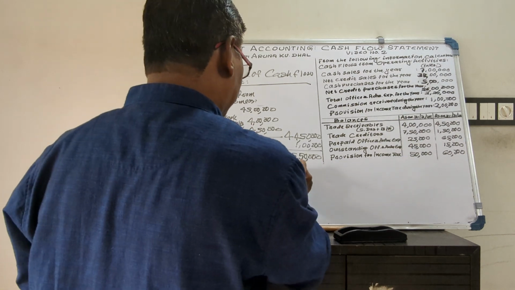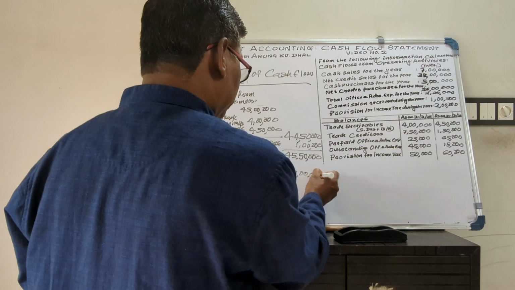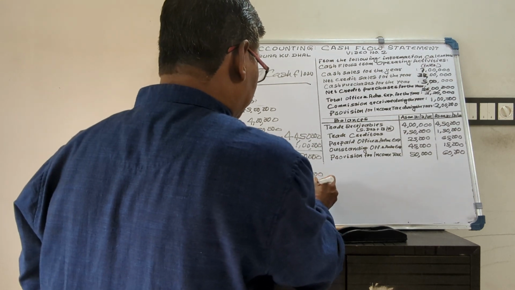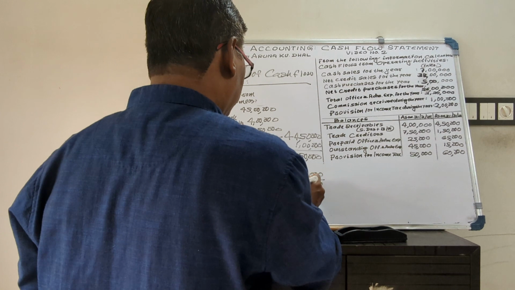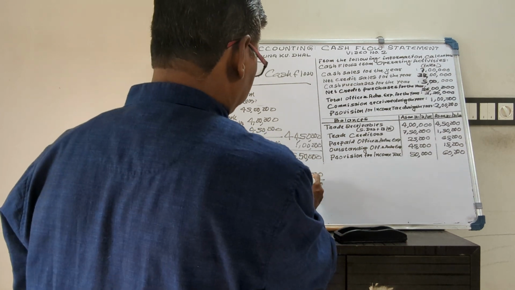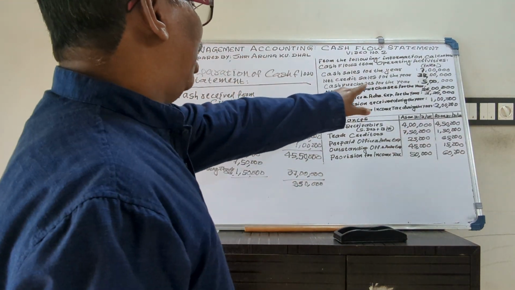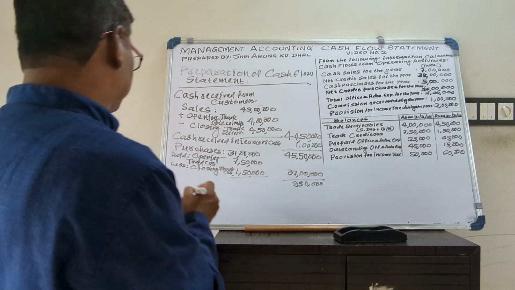So it is 37 lakhs. So we deduct it, we get 8,50,000. Then another, total office and administrative expenses.